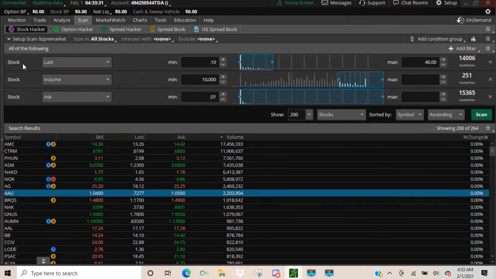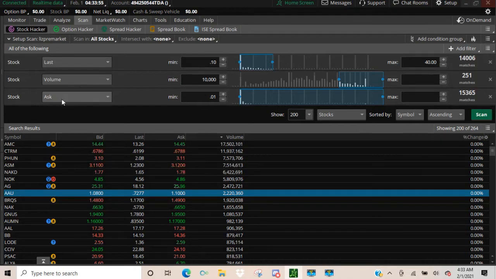When it gets to about an hour before the bell, I change this to a 100,000 volume minimum, just to limit the list, because the list can get overwhelming with a minimum of 10,000. Narrow your list by getting the most volume. And I always leave max volume open. Always. I don't care what the max is.